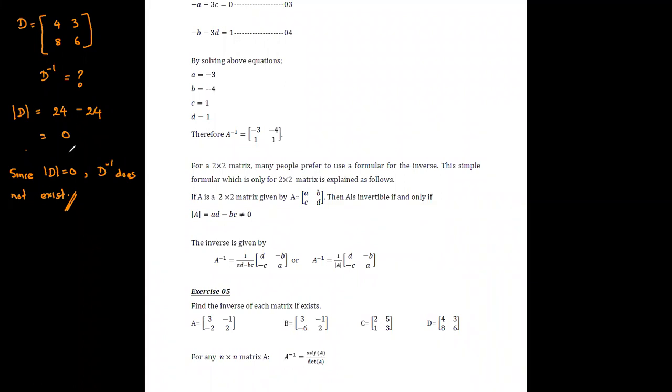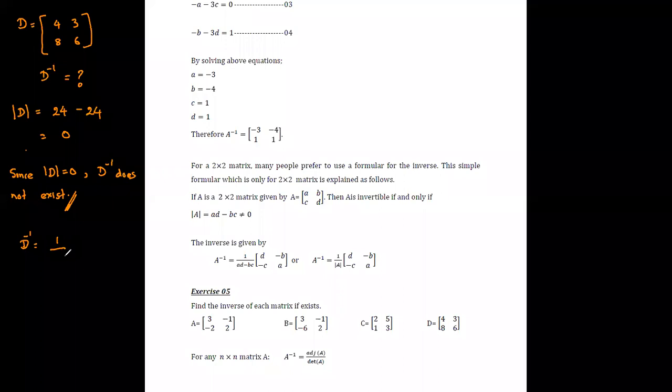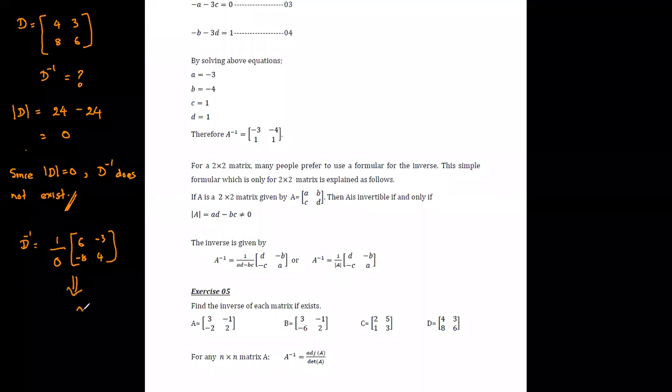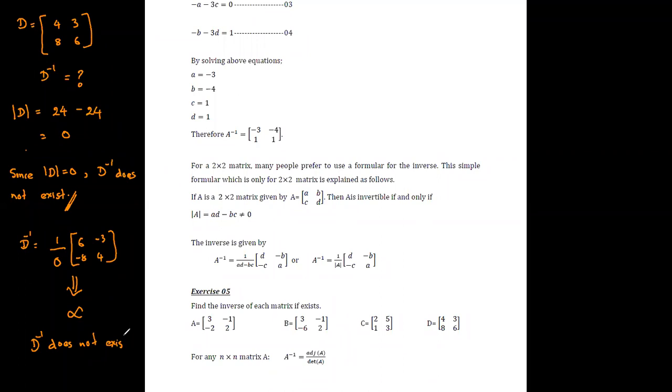If you try to find D inverse, you will get 1 over 0 times, if I continue the calculation, the matrix with 6, -3, -8, 4. Now this goes to infinity. That is why we are saying that D inverse does not exist.